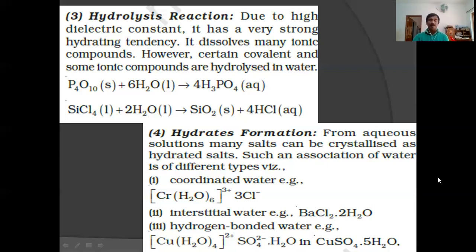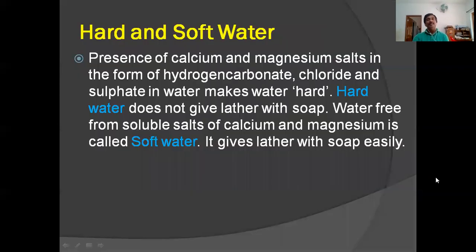These are the important reactions of chemical properties of water. Now, an important thing related to water: there are two types of water, hard and soft water. Not heavy water, hard water and soft water.